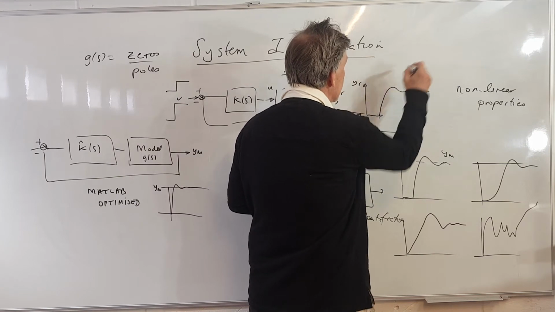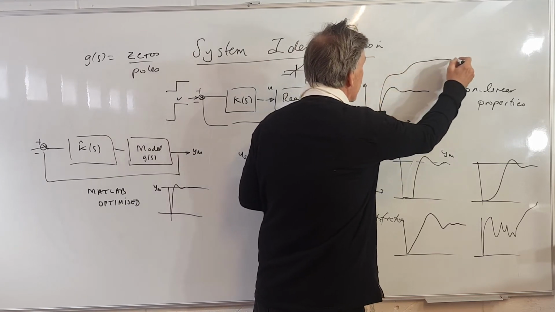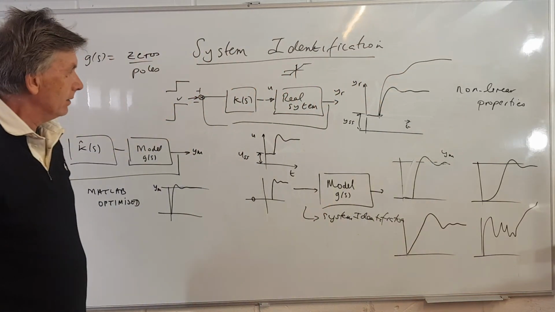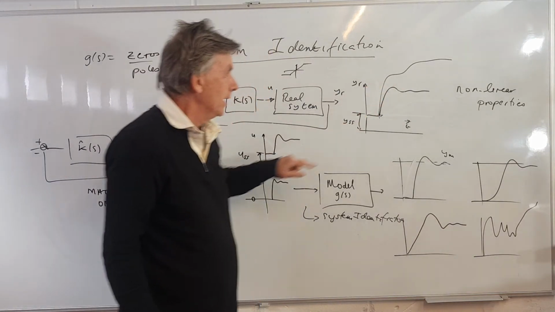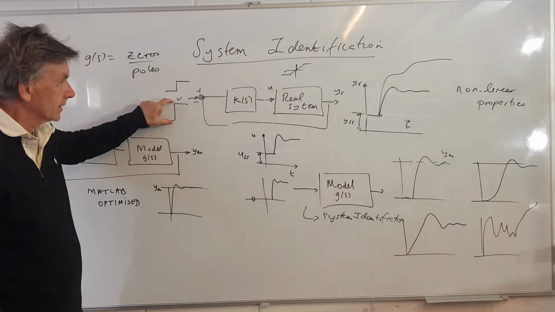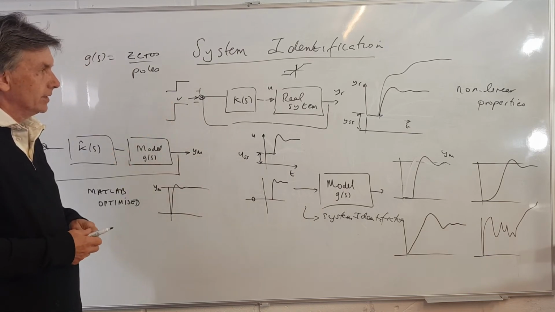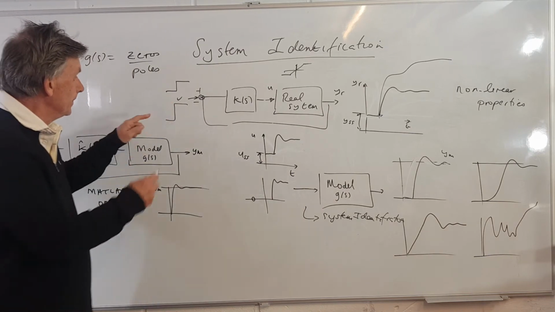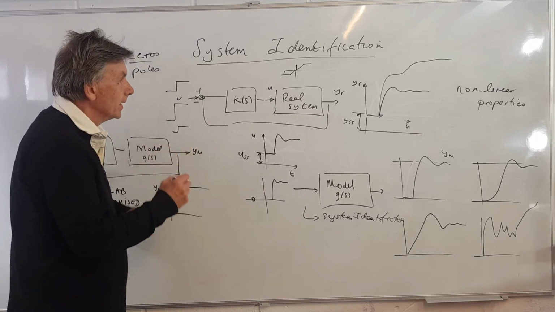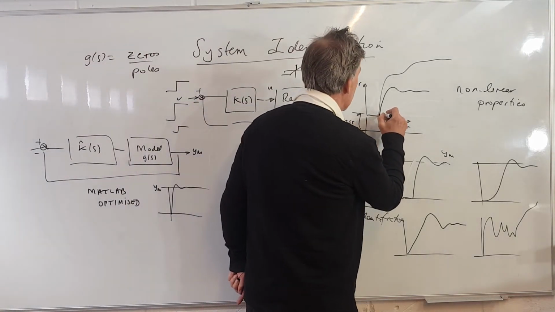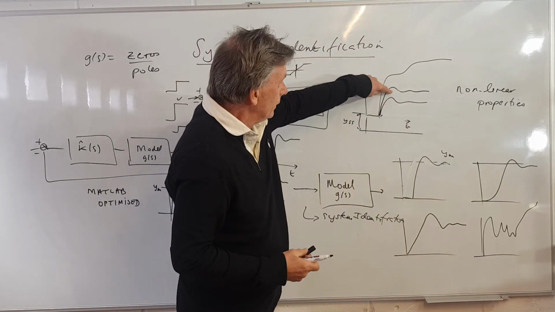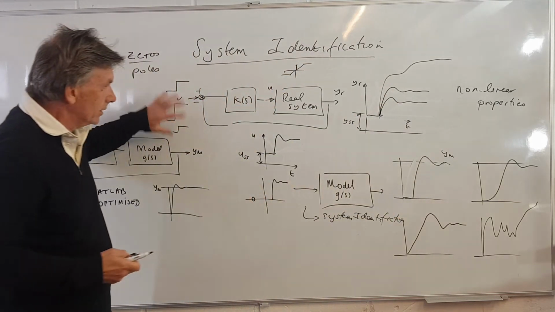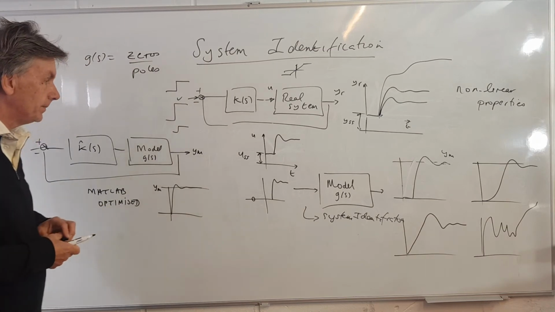You'd expect it to be just twice as big, but it might do something like that, indicating now that the system has gone non-linear here. And so this data from this type of step response isn't really suitable for system identification. If you halve the step size, and it did halve this, so it did something like that, and this looked as if this was half of this, then this would indicate that you were in the linear zone.